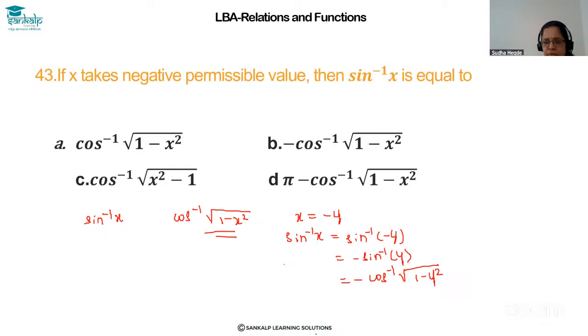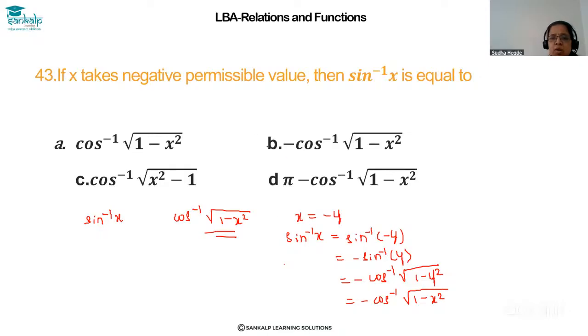Now, if you replace y by x, you are going to get it as minus cos inverse square root of 1 minus x square. So, for negative permissible value, sin inverse x is equal to minus cos inverse square root of 1 minus x square.